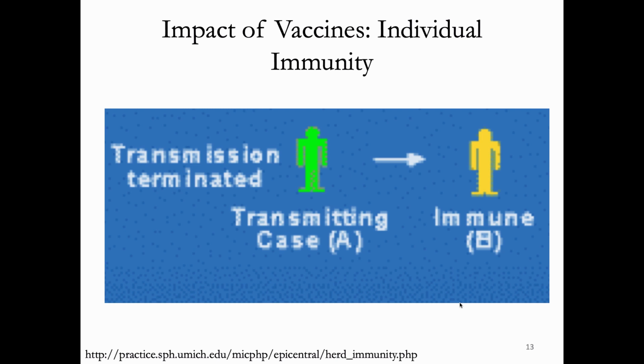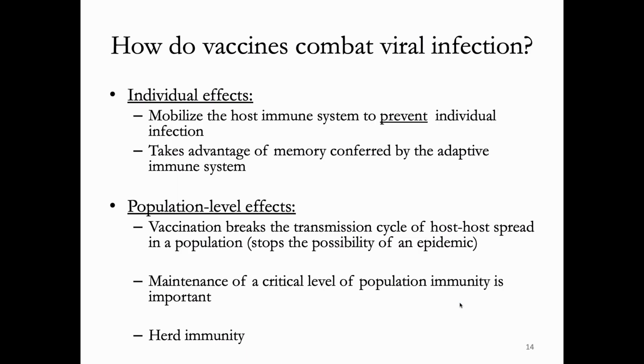If we have a person who's got their vaccine, they can be around some person who's transmitting, and they will not get the disease because they got a vaccine. Yay for them. These individual effects are quite important. They allow us to mobilize the host immune system to prevent infection, and they're taking advantage of immune memory.